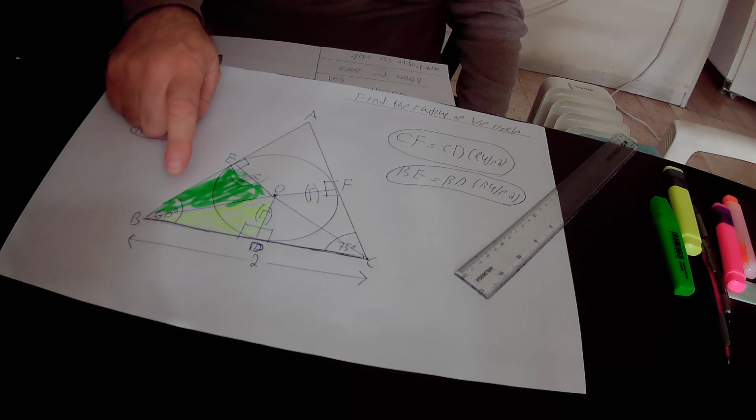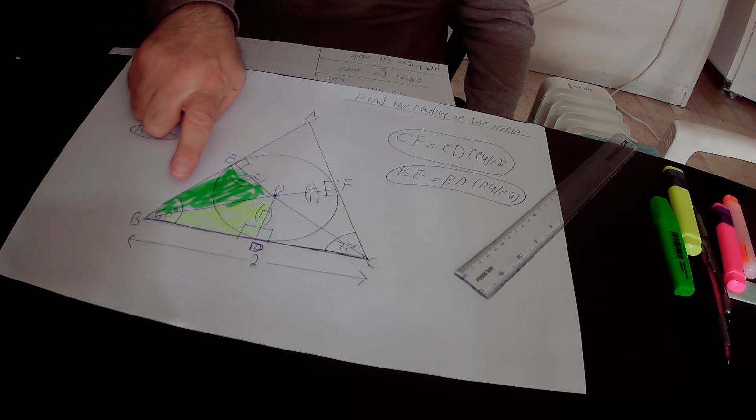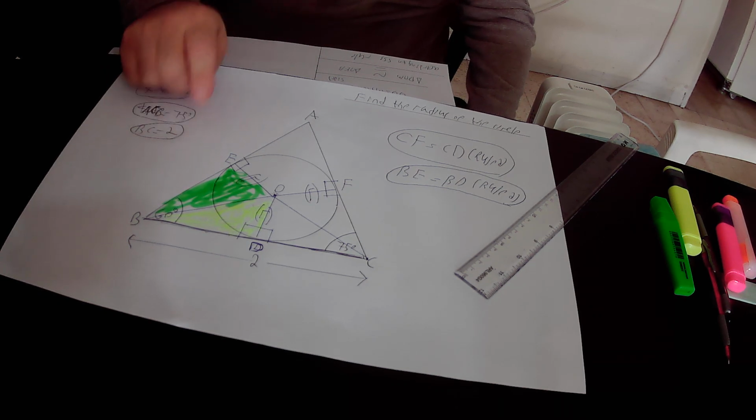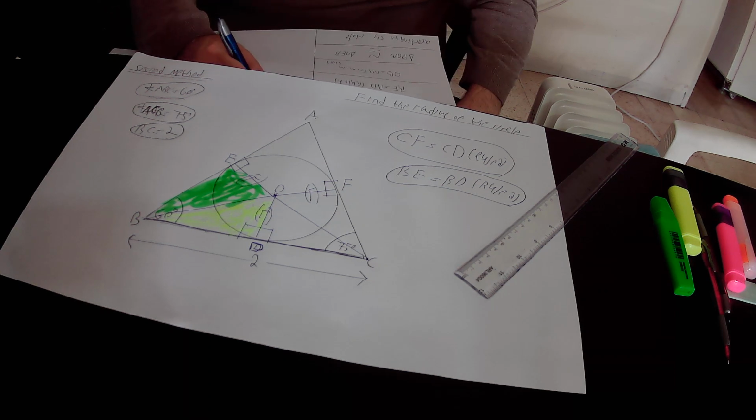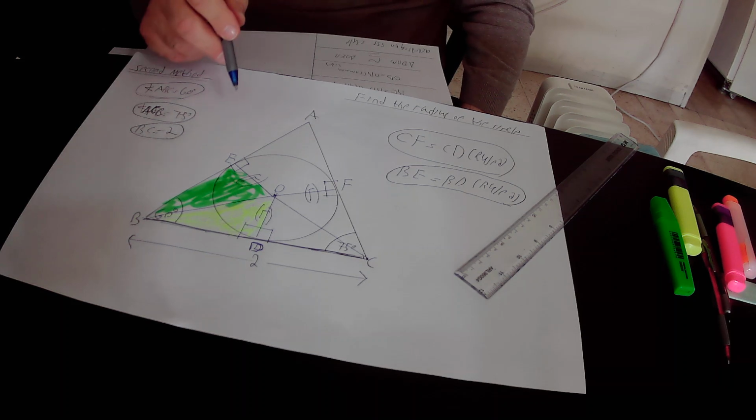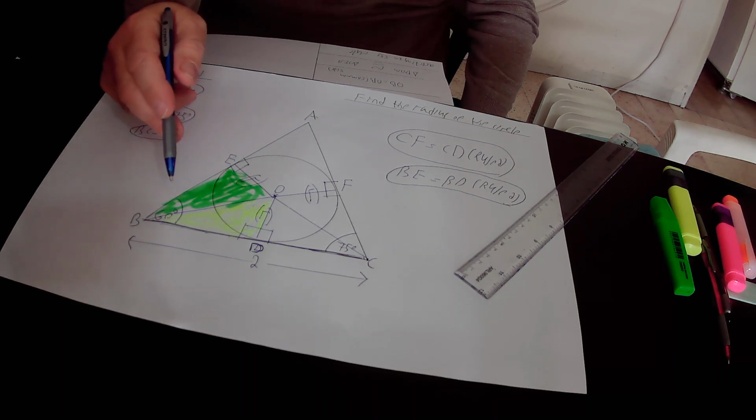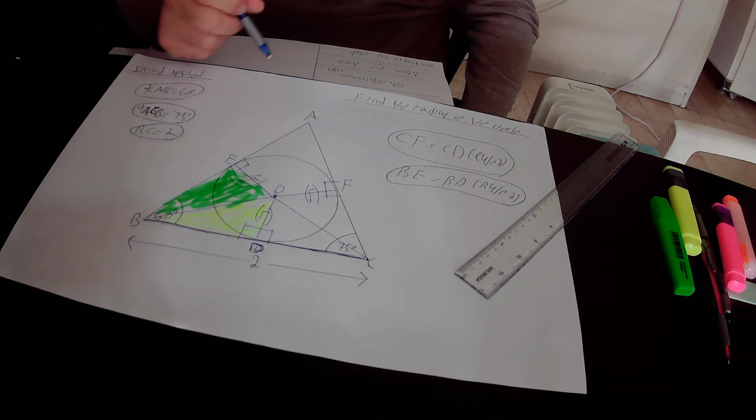So this is angle OBE in the green triangle, and it is equal to this angle, that is actually angle OBD in the yellow triangle.